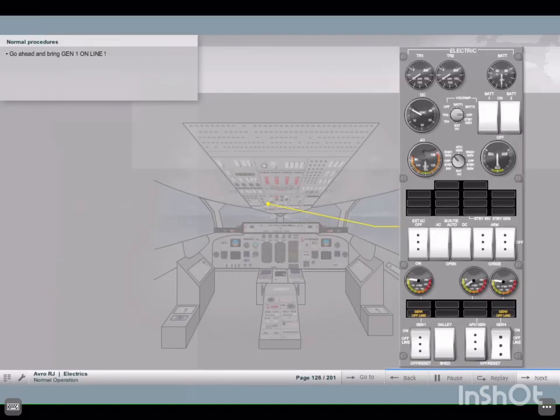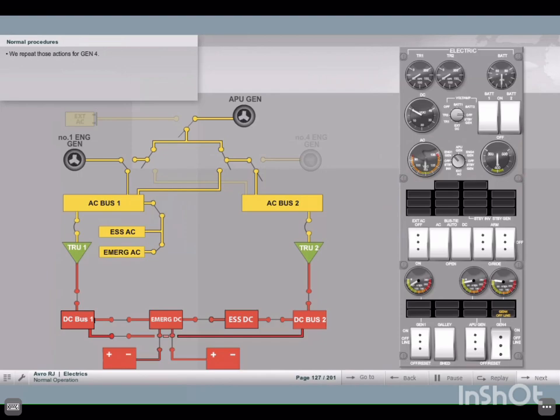Go ahead. We repeat these actions for generator 4.